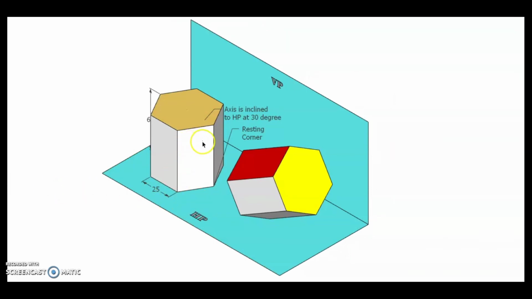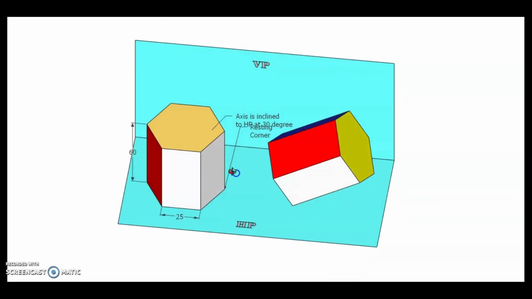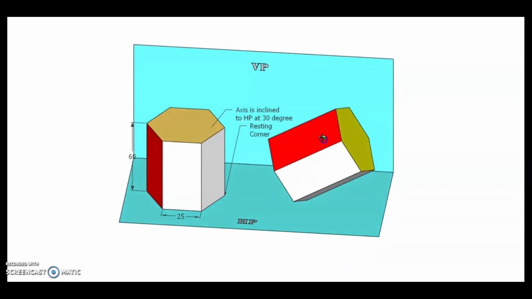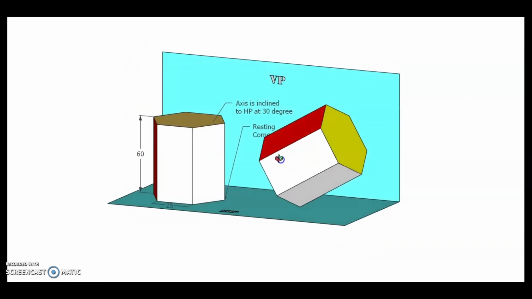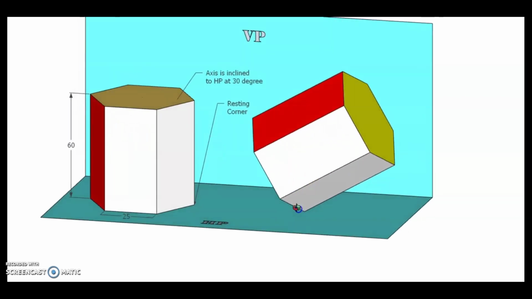Now consider the next case, that is a hexagonal prism. Such a hexagonal prism is given, and its final inclination condition is also given. For the final inclination condition, it is resting on one of its base corners.